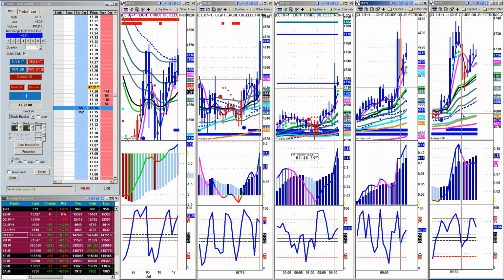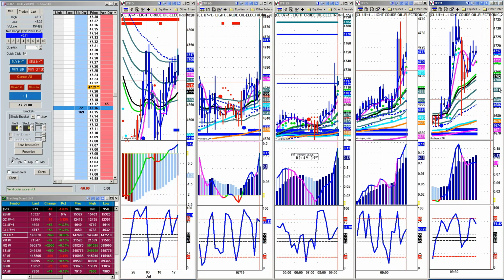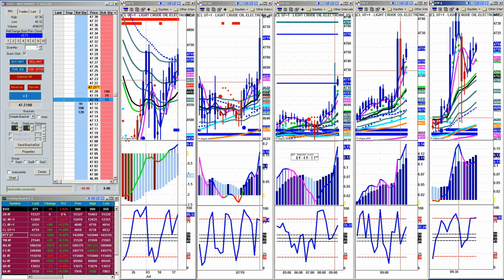So the fact that we did push down here earlier, if that hadn't happened during that first 15 minutes, I would have actually taken that whoosh back for an initial entry. Does that make sense? I still like this, even back down here into rising support, because we have multiple supports.